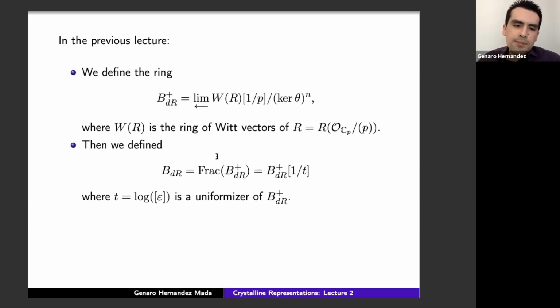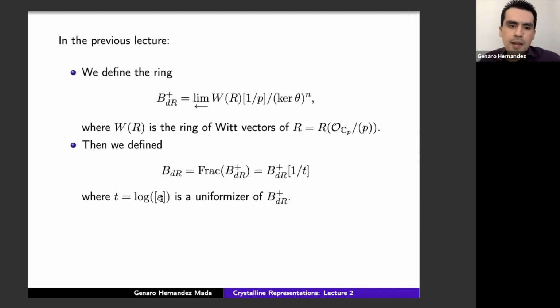So after defining this ring, B_dR^+, we defined its field of fractions, which is just inverting a uniformizer t, which we can take to be the logarithm of the Teichmüller lift of epsilon, being a sequence starting with 1, and then the pth root of unity, and then the pth root of the pth root, and so on.